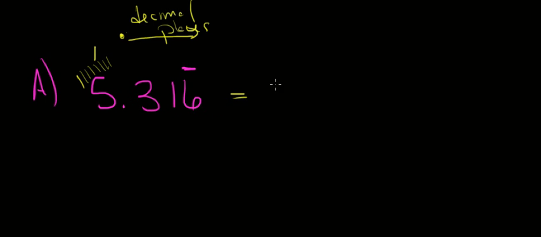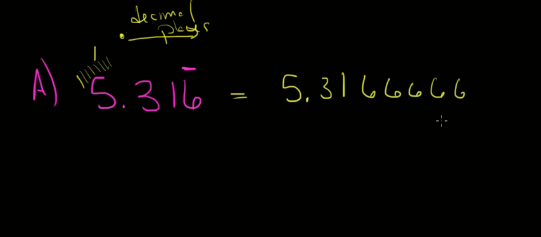So let me rewrite this as 5.31, and then what's repeating? The 6, right? So I can just go 6, 6, 6, 6, 6, as many as I want, and they want me to go to 5 places. There's 1 place, 2 places, 3 places, 4. There's my 5th place. The question said, round each number to the 5th decimal place.